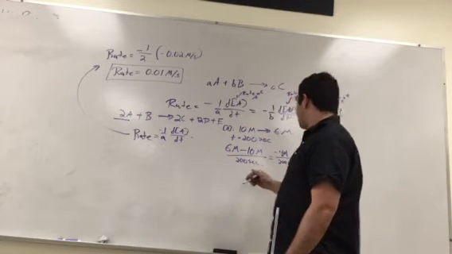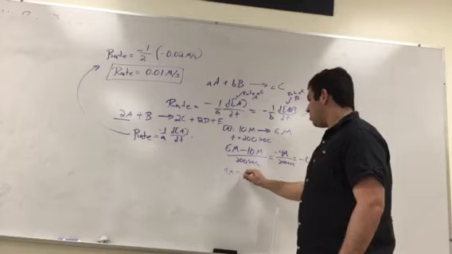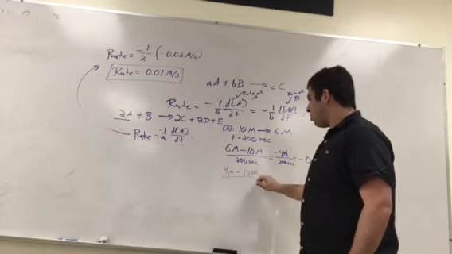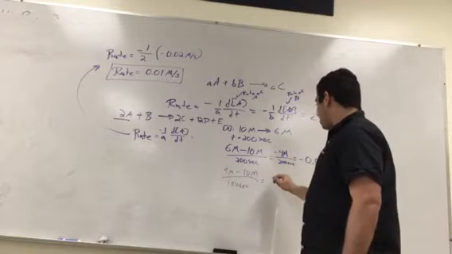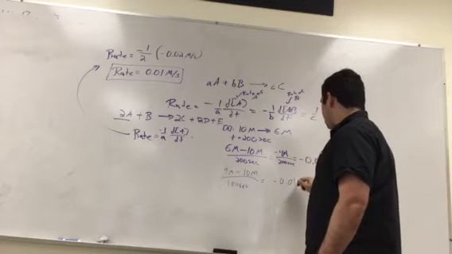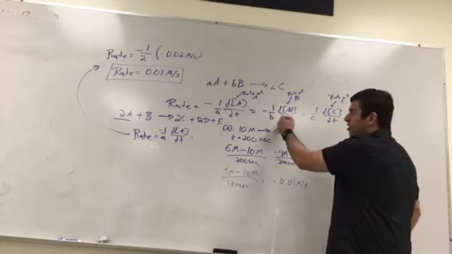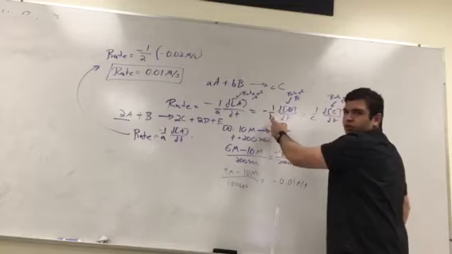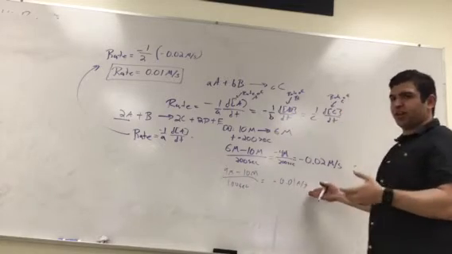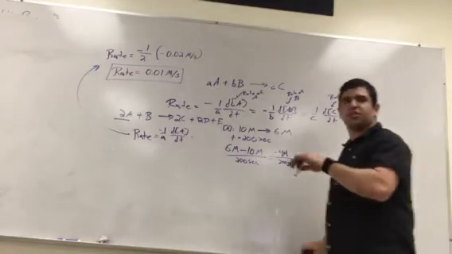So 9 is the final, initial is 10, over 100. That should equal negative 0.01 molarity per second, and this is the rate of B. Then 1 over the coefficient, and the coefficient of B is 1. They'll give you a number like that, and it should all equal. Does that make sense?